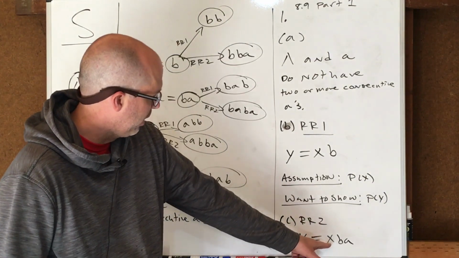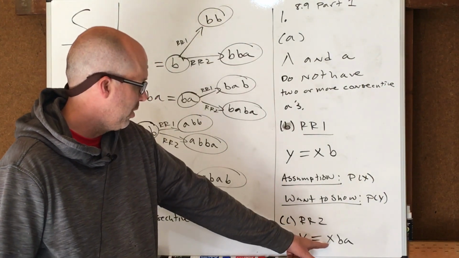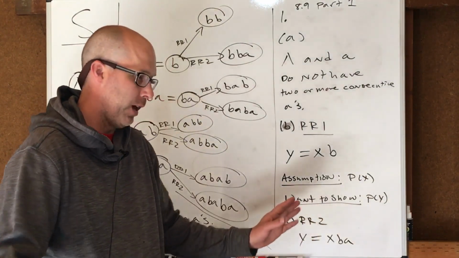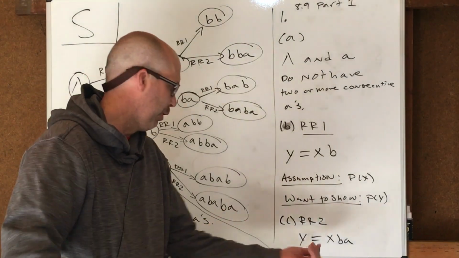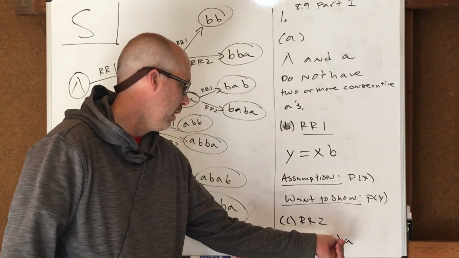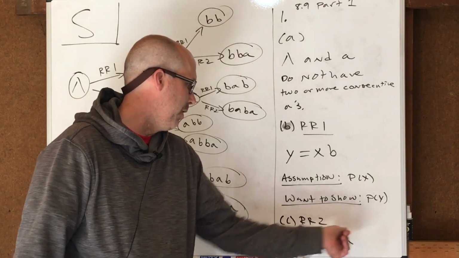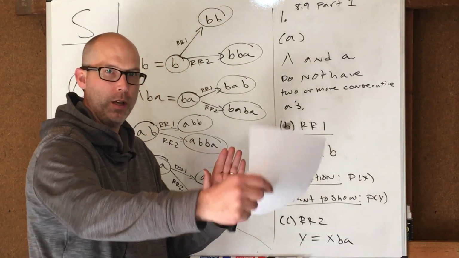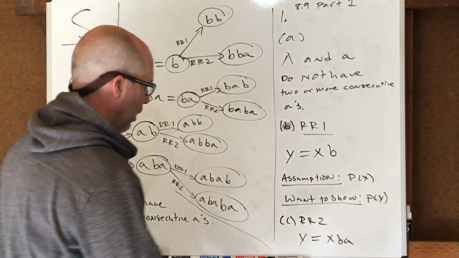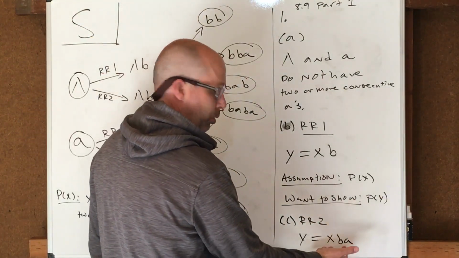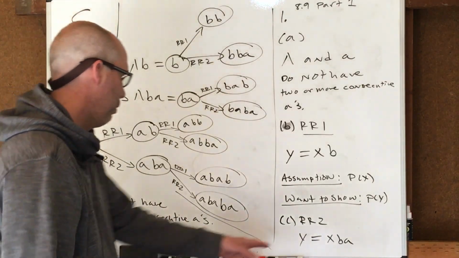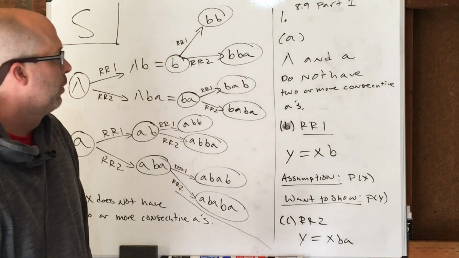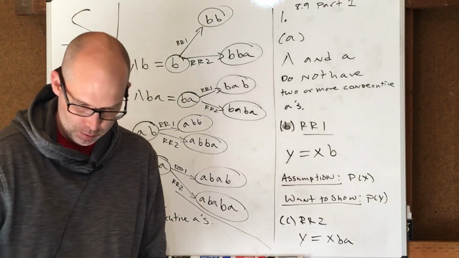Adding a ba can't possibly put an A next to another A, because the A is next to a B. So in that case, P of y is also true. And that's how a proof by structural induction works.